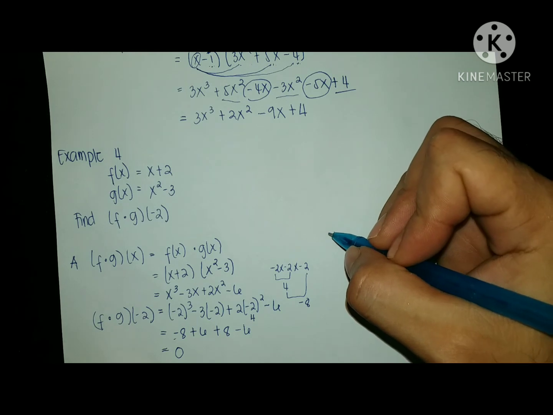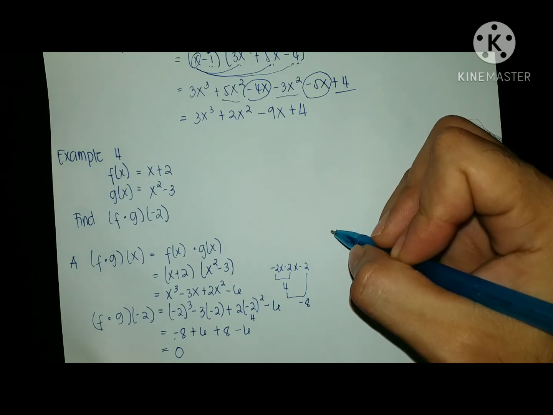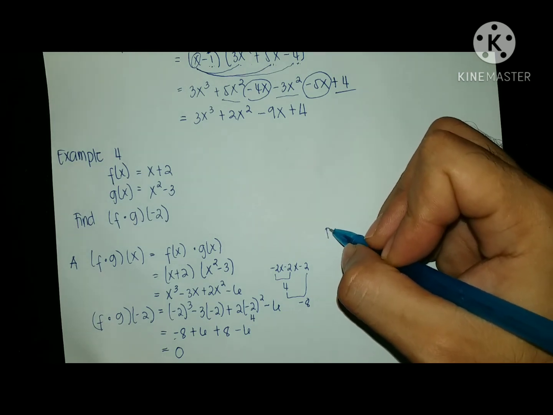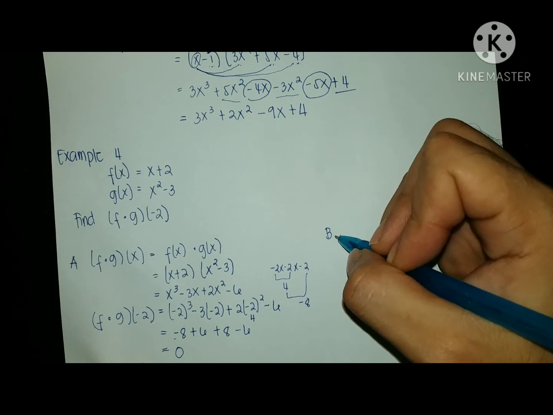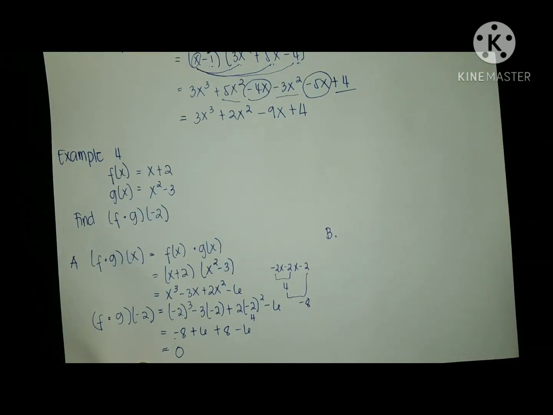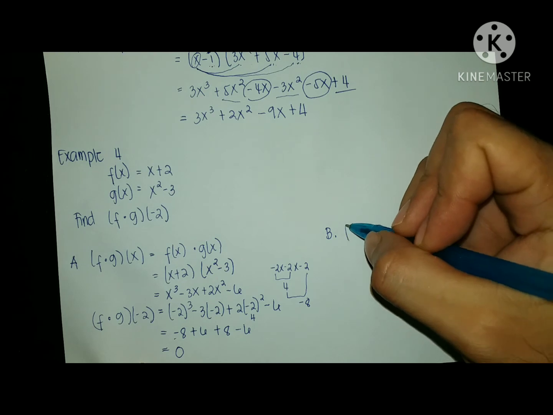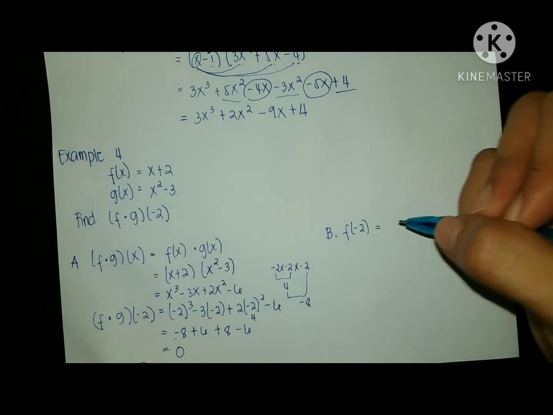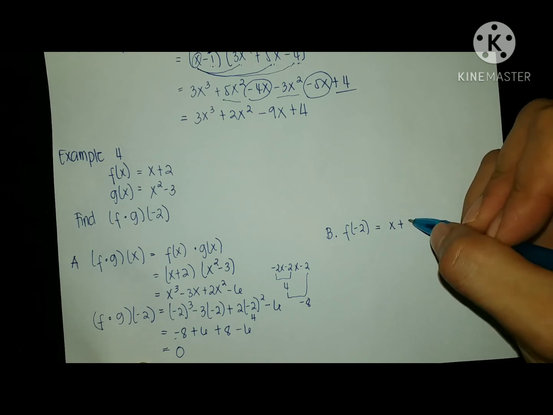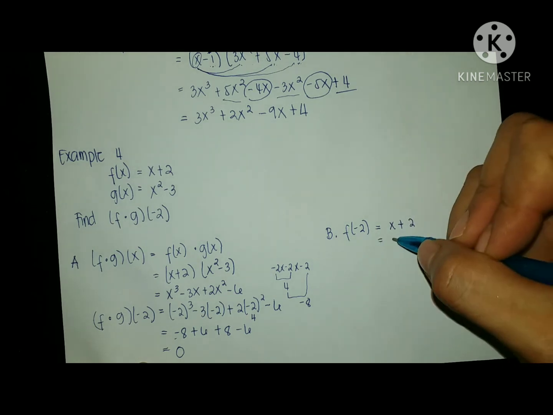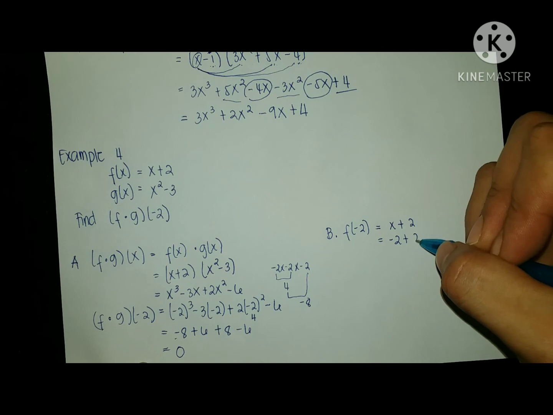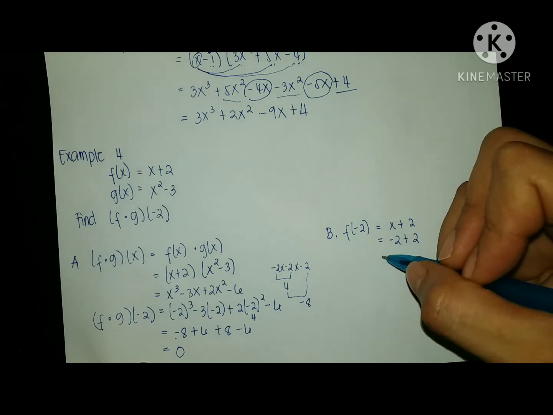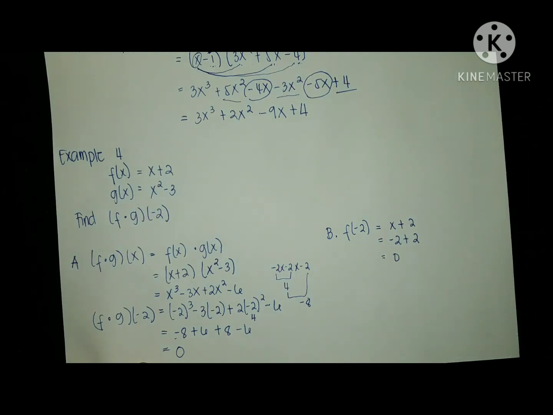The other way is to find for f of negative 2 and g of negative 2 first. So for our f of negative 2, that is equal to x plus 2, which is equal to negative 2 plus 2. Negative 2 plus 2 is equal to 0.